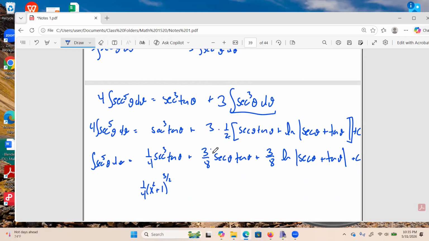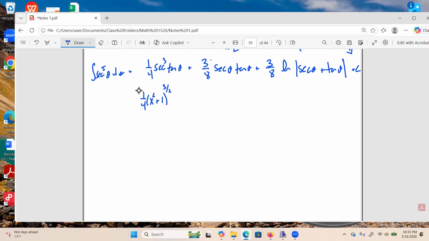So let's just write that down as an x. We could even be clever and cheat it that way. Say it's x/4 times x squared plus 1 raised to the 3/2, plus 3/8 times x squared plus 1 to the 1/2 times x, plus 3/8 natural log of, and then secant was going to be x squared plus 1 raised to the 1/2 power, plus x.